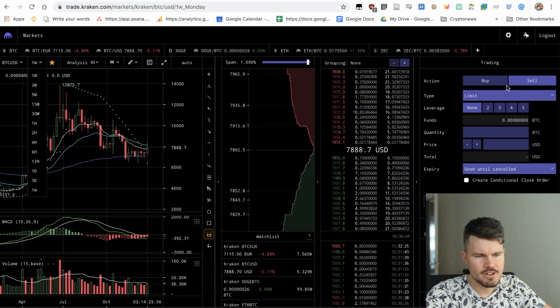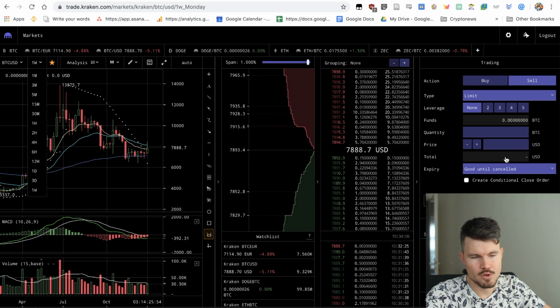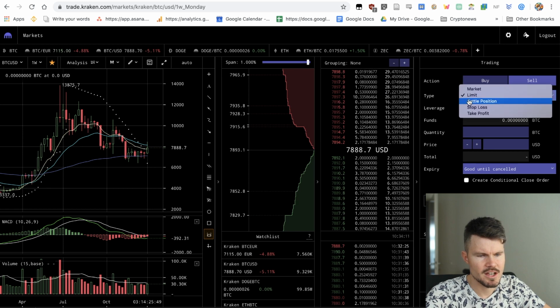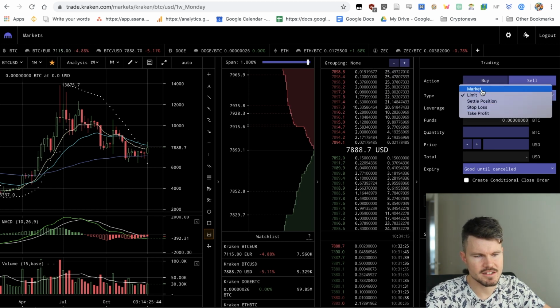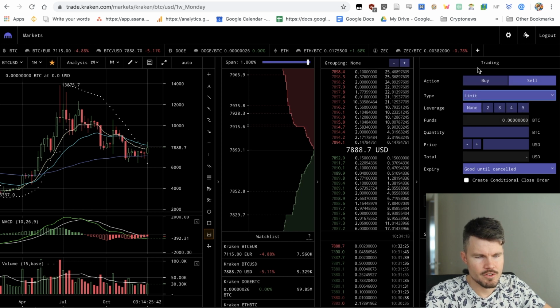And on the right side, you've got, similar to what we saw before, the different options to buy and sell. You can select the type: market order, limit order, settle position, stop loss, and take profit. You've also got the options of leverage trading, as we've seen before, the funds that are available, how much you'd like to buy, and the price.